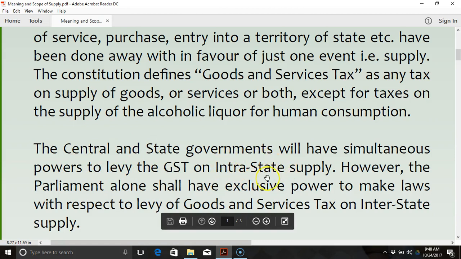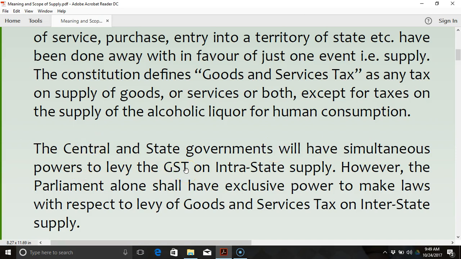Let us take, for instance, an intra-state supply of goods which attracts 18% GST. In this case, the central and state governments will have simultaneous powers to levy GST.